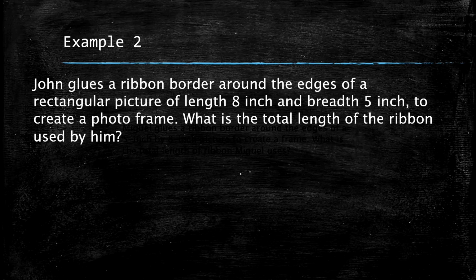So here we have to find the perimeter of the rectangular picture. Now we have L equal to 8 inch and breadth B equal to 5 inch. So the perimeter, applying the formula, is 2 times L plus B, length plus breadth.